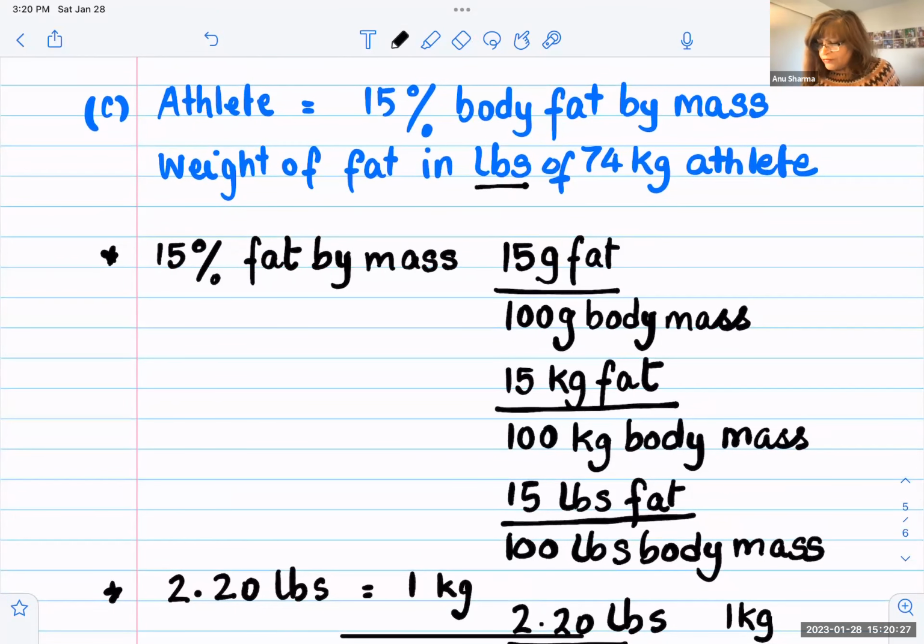Where are we going to start? You always develop a sense of what is the conversion factor and what needs to be converted. So we need to get rid of the kilograms. That's the total weight, that is the body mass. In that body mass, how much is the fat, first of all? And then what is the weight of that fat in pounds?